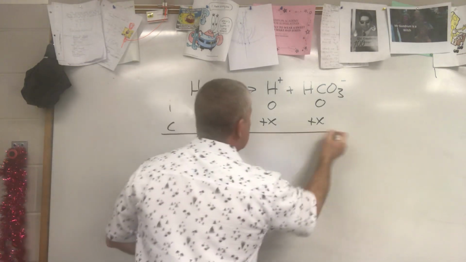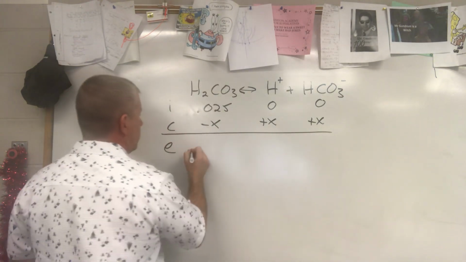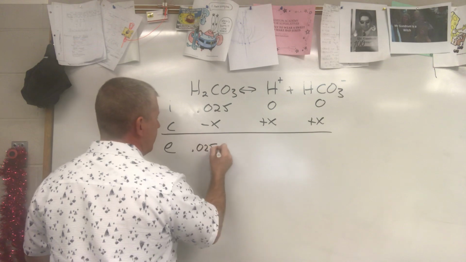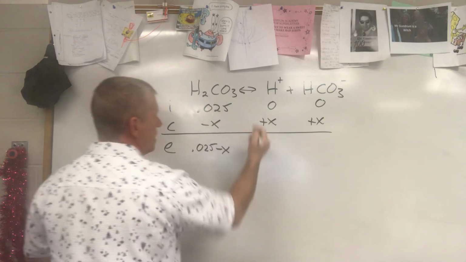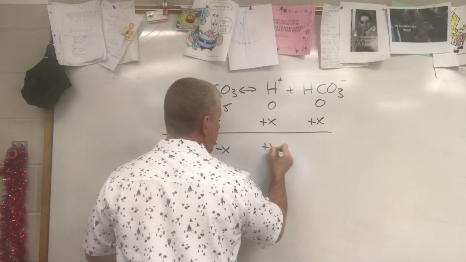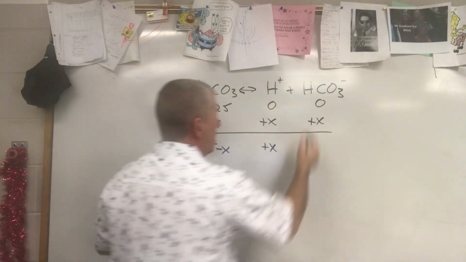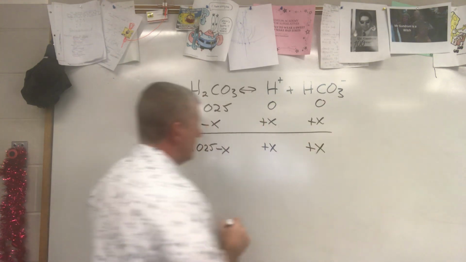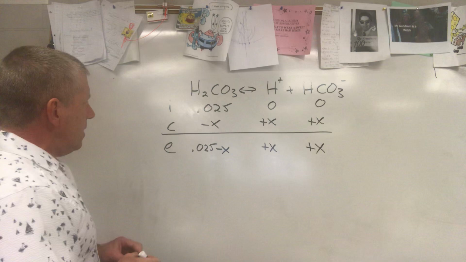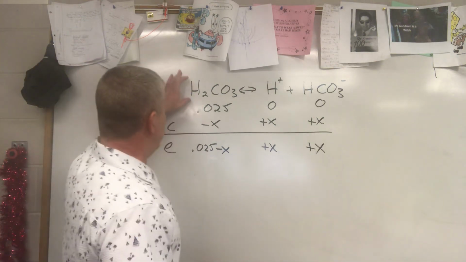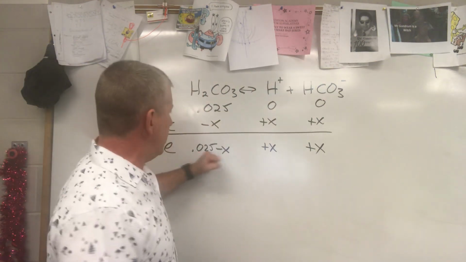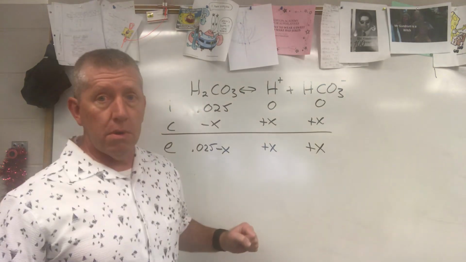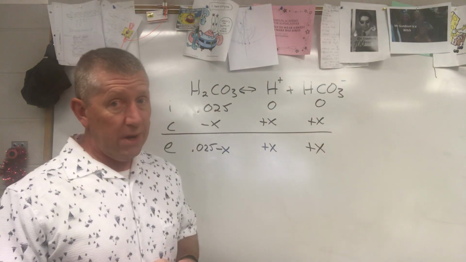And at equilibrium, 0.025 minus x, plus x, plus x. So at equilibrium, with this breaking down into this, I'll have these concentrations. All right, with me so far?